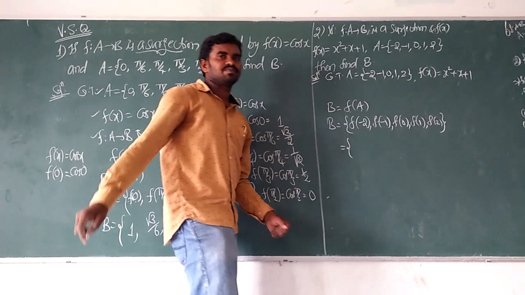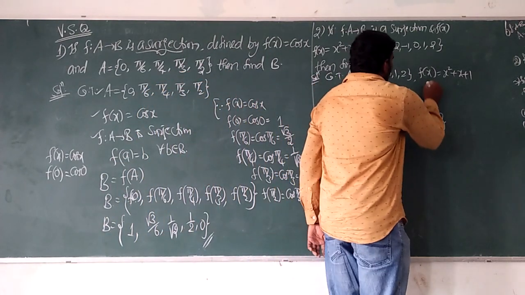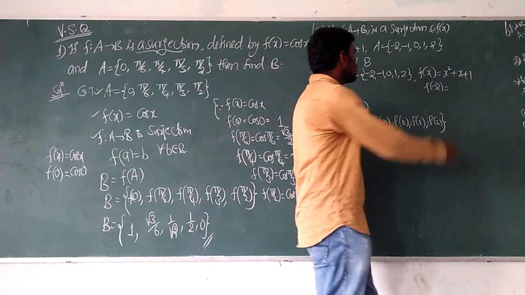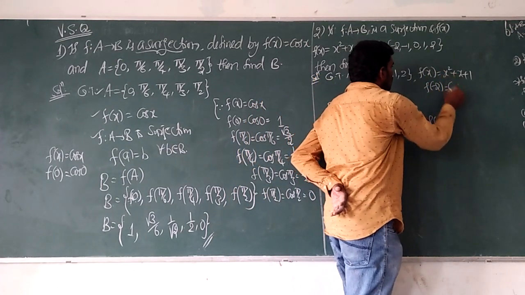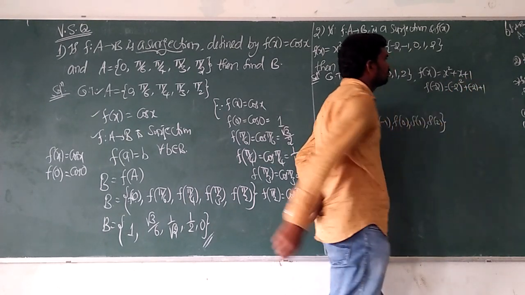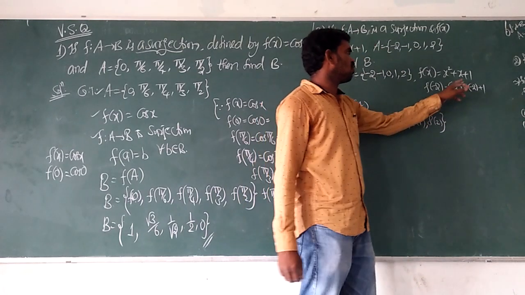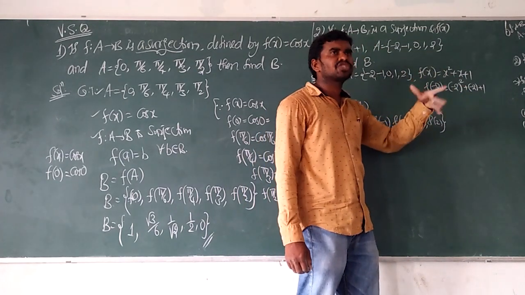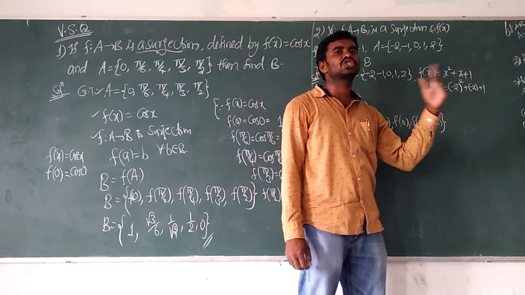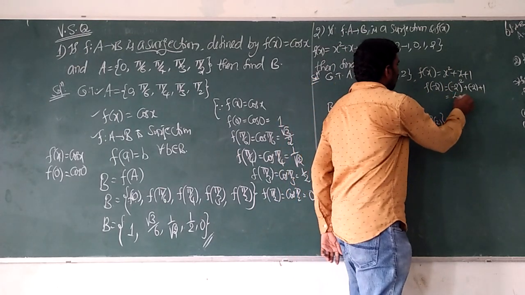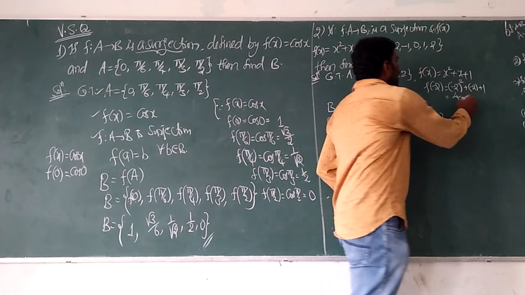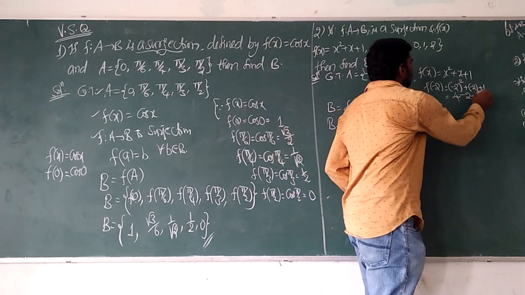What is f of minus 2? In place of x, substitute minus 2. So minus 2 whole square plus minus 2 plus 1. Minus 2 whole square means minus 2 into minus 2. Minus into minus is plus, 2 into 2 is 4. So it becomes 4. Next, plus into minus is minus, so it is minus 2, and then plus 1.